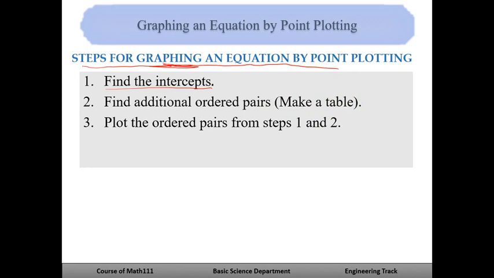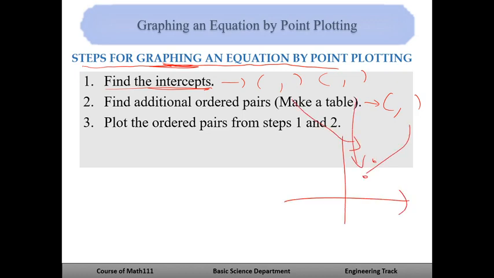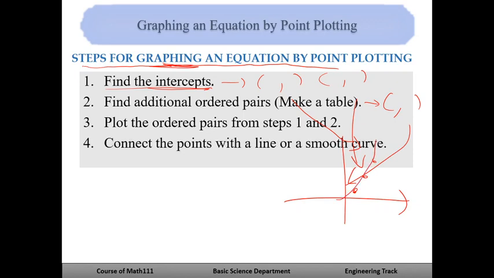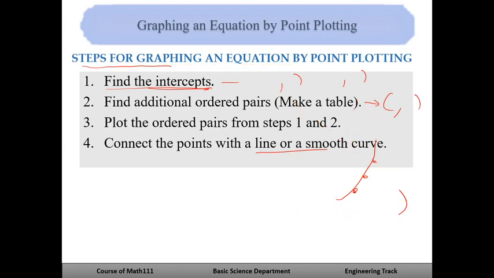Like from step 1 and step 2, you have some intercepts and some points. So you can put the intercepts as points also, and you connect them. Then it gives you the graph. Okay, we will see them.